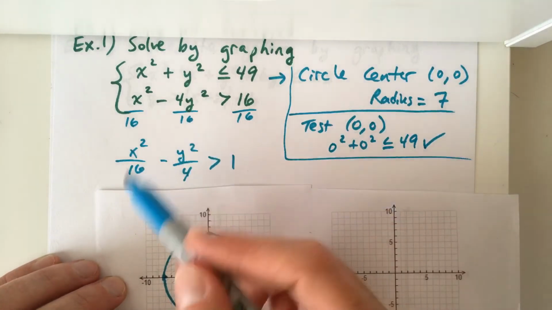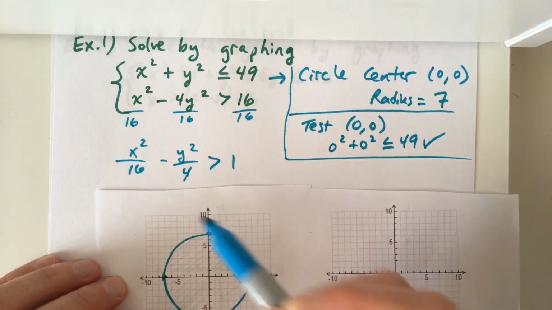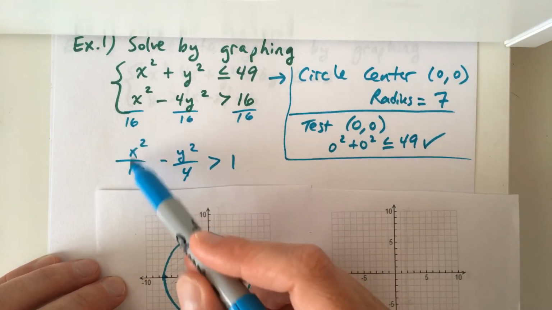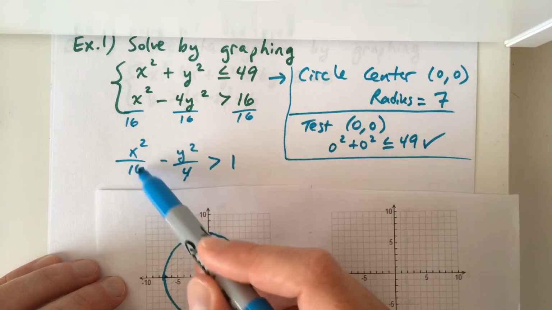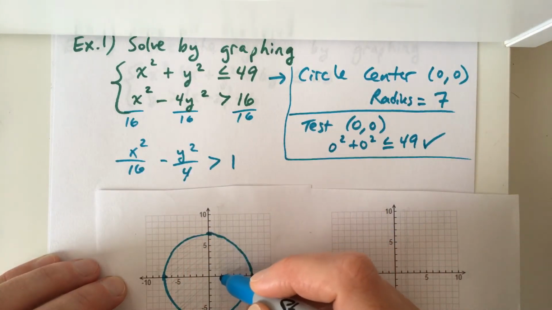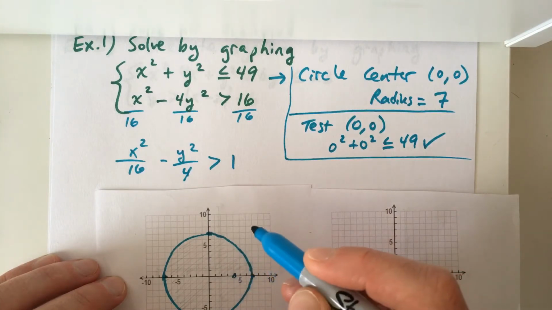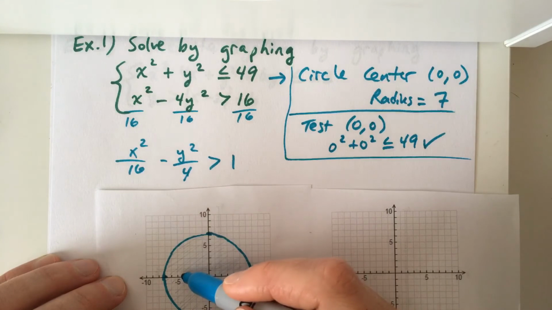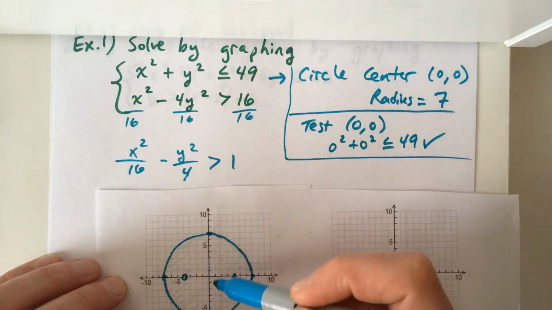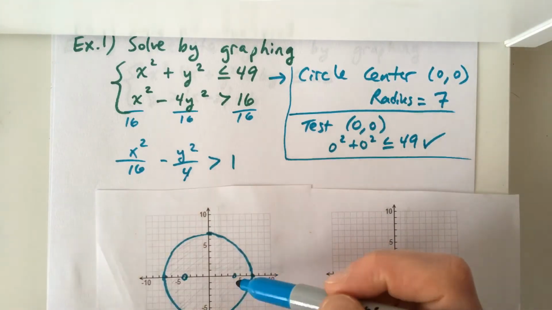All right, well, this is a hyperbola. Again, the center is 0, 0. And I know that in the x direction, I'm going to travel 4 because 16 is 4 squared. So we can go 1, 2, 3, 4, and 4 in the x direction over this way. I'm using open circles because it's greater than, it cannot be equal to.